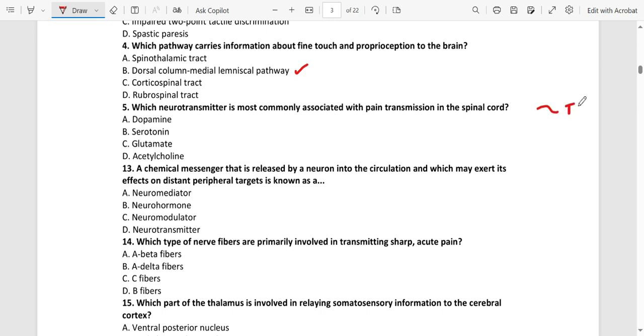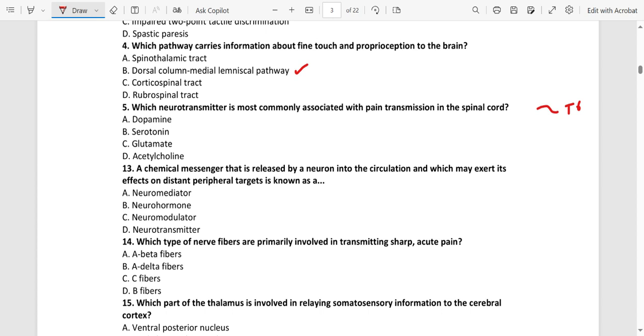If you are below T6, think of the gracilis muscle that is down. So below T6 is the fasciculus gracilis, above T6 the fasciculus cuneatus. The dorsal column medial lemniscus pathway is for fine touch, vibration, and proprioception, basically balance. The spinothalamic is for pain, temperature, and crude touch.